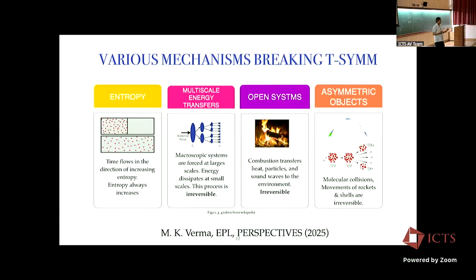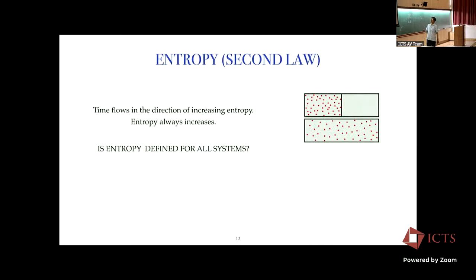So an extended object which is asymmetric can be differentiated. Almost all the time, we find objects in nature are asymmetric, so that idealized experiment doesn't happen in real life. And molecular collision is there in chemistry all the time, and this can break the symmetry too. So let's get into them one by one, and I'll keep the discussion simple.